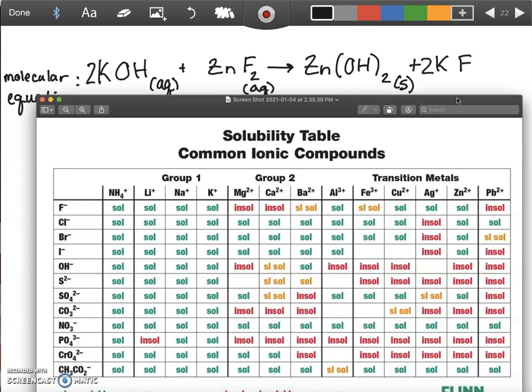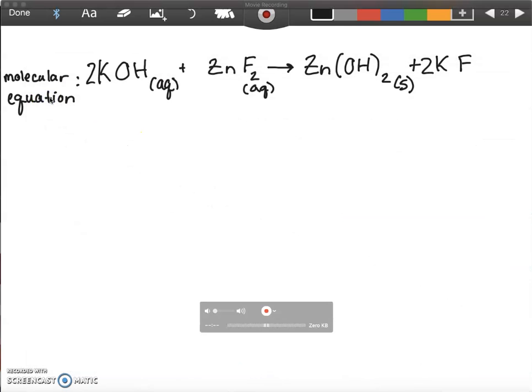And when things dissolve, they become aqueous. But just to make sure, here's the potassium ion right here, here's the fluoride ion there, and when they crisscross on the table, they come out to be soluble. Now, anything that is soluble in water will be considered aqueous.